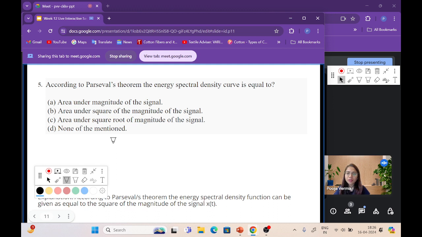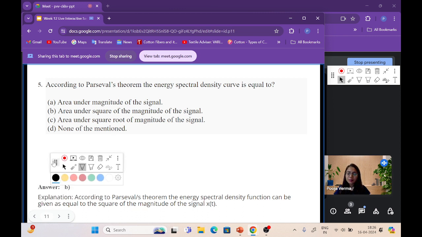So what is it? According to the Parseval's theorem, what is the energy spectral density curve equal to? Energy spectral density curve is equal to the area under the square of the magnitude of the signal. Already in previous slides you have seen that. That is Parseval's theorem.